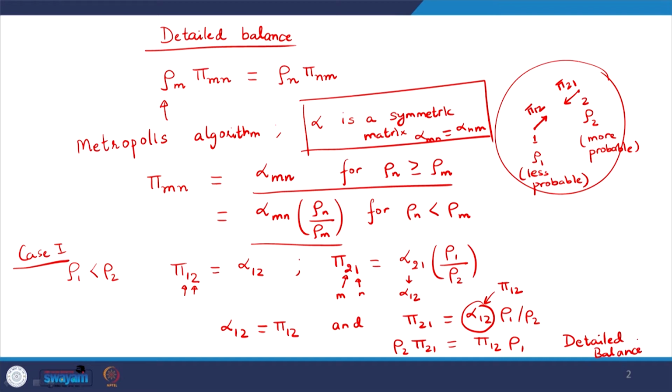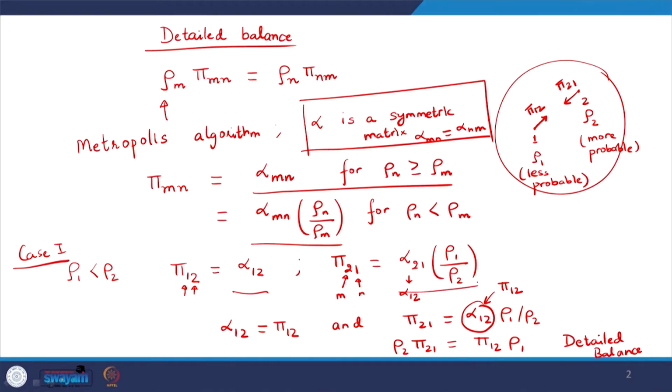for this particular case. Now, you can see, even if the opposite were true, where rho 1 was greater than rho 2, then also you will have the same equation. So then I will use the second equation for the first thing here and the first equation for the second thing here, and nonetheless you will have the same equation. What will happen when they are equal?